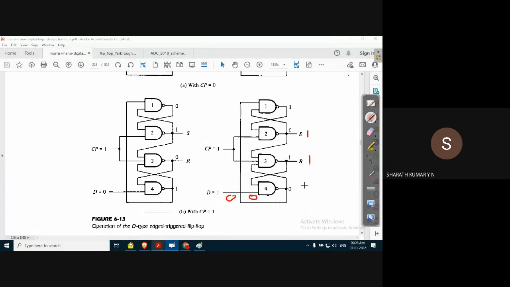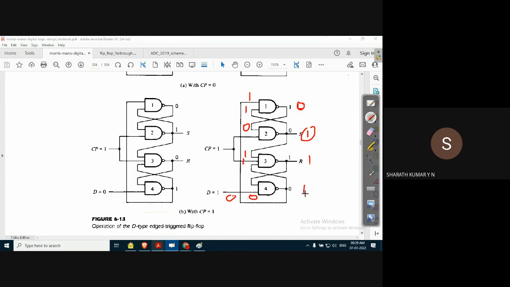D input is 0. This is set to 1. When this is 1, the input of the first NAND gate is 1, and this is also 1. Because of this, the output of the first NAND gate goes to 0. This input is 0, which will make sure that S remains at 1. S is one of the inputs for the third NAND gate. Clock pulse is 1, and this is also 1.